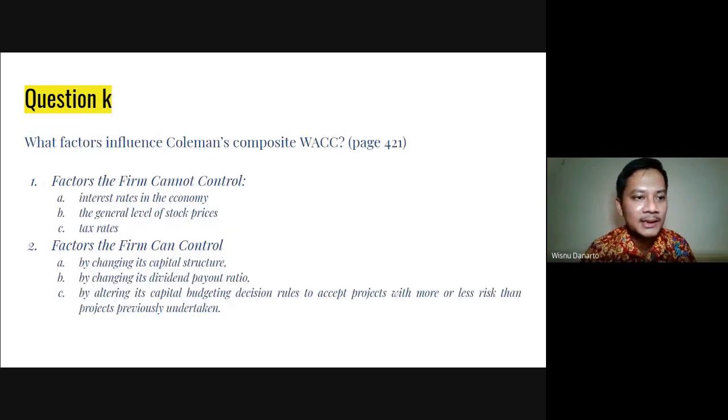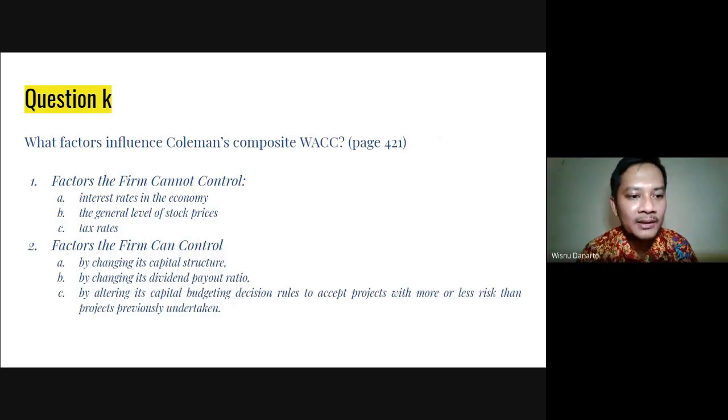Okay, next. What factors influence Coleman's weighted average cost of capital? We can see at page 421. One, factors that the firm cannot control: A, interest rates in the economy; B, the general level of stock prices; and C, the tax rate.